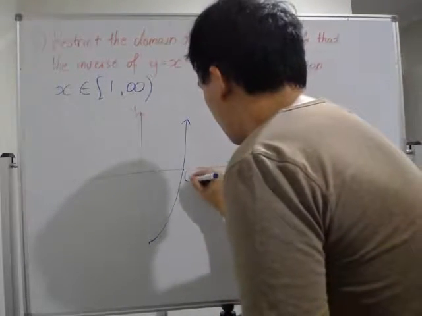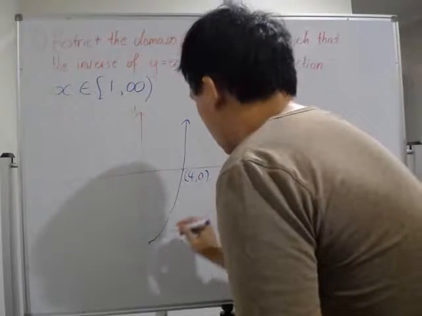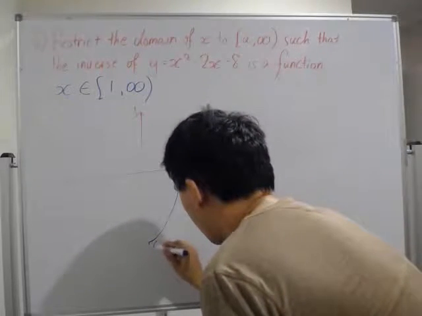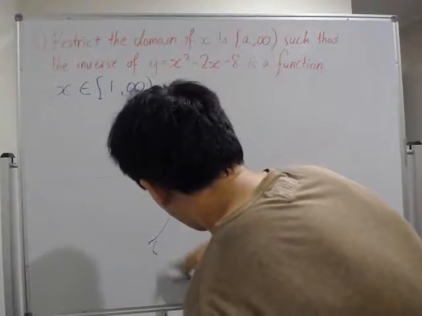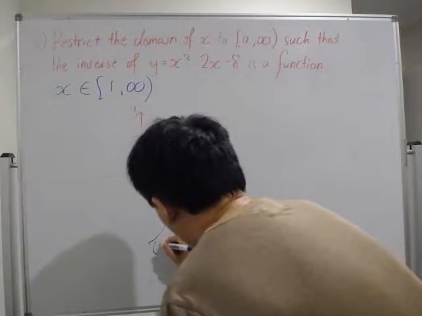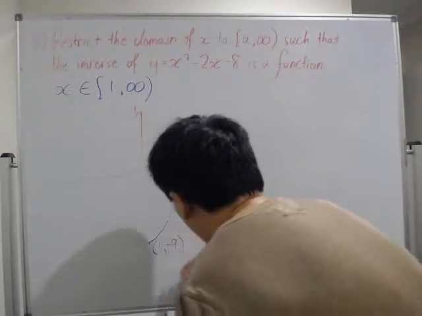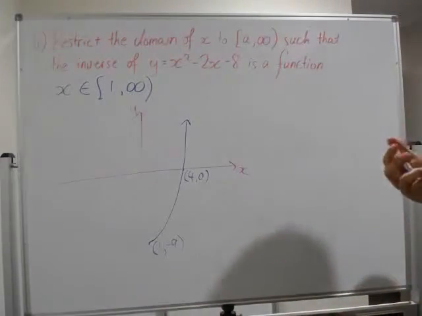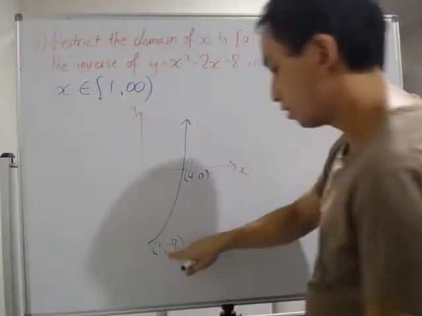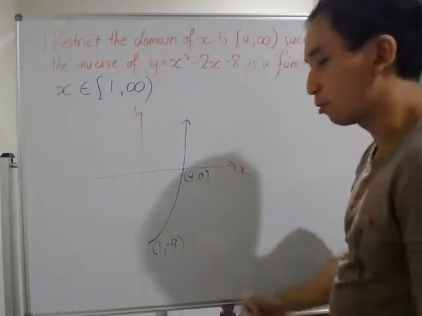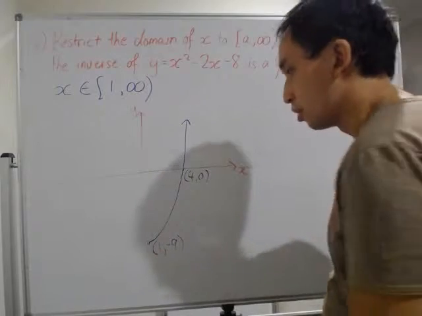So we have 4, 0 here. And endpoint at 1, negative 9. And if we draw the inverse, the endpoint is just going to have the same coordinate but reversed ordinates.